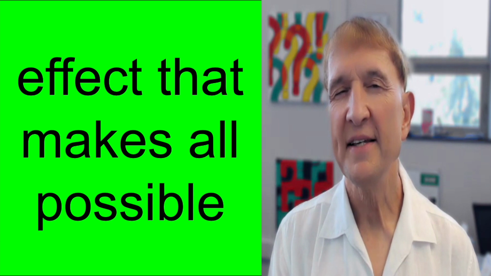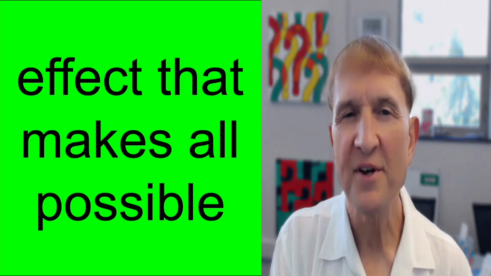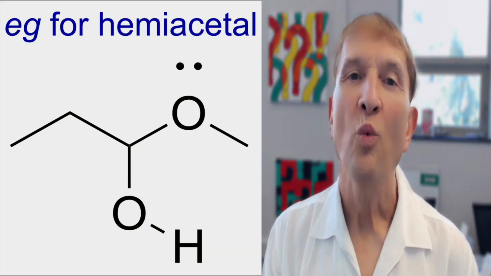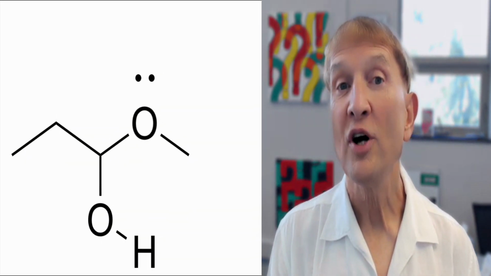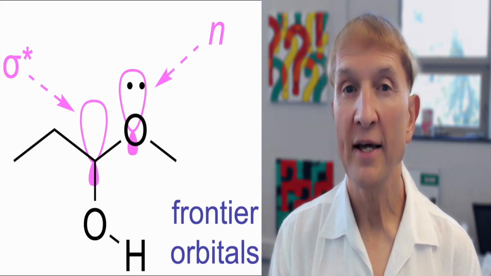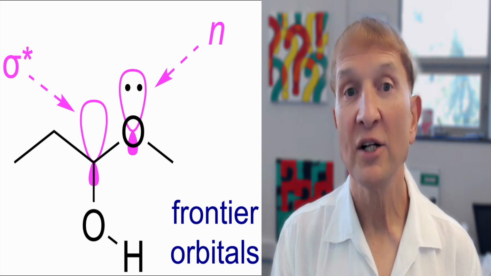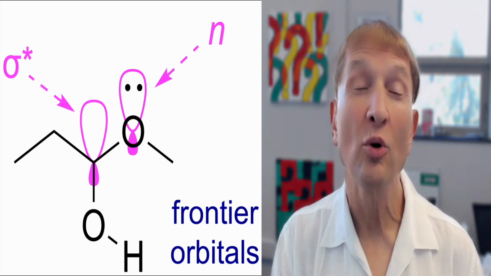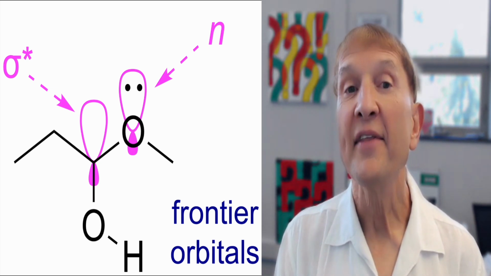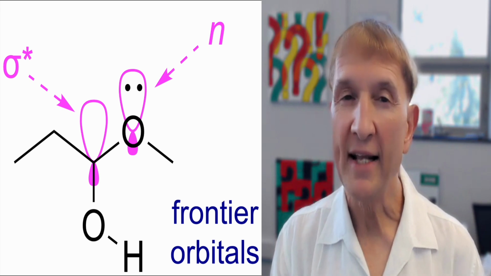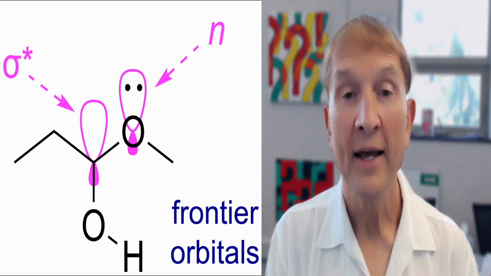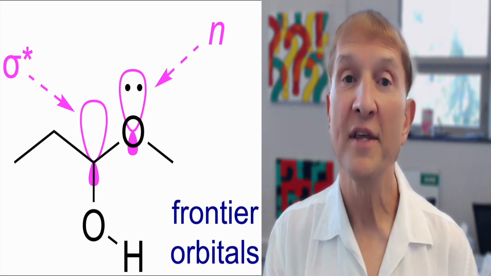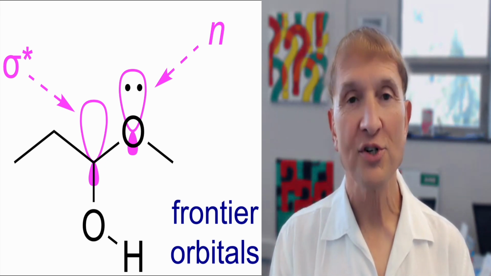Let's look at that key step again, because it's so important, really. What about the frontier orbitals for this? Well, we've got a non-bonding pair of electrons in a lone pair orbital, a tetrahedral orbital on the oxygen, and that interacts with the lowest energy unoccupied molecular orbital, and that's sigma star for the CO to the other oxygen.